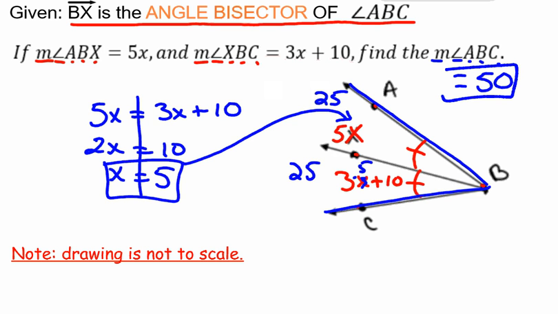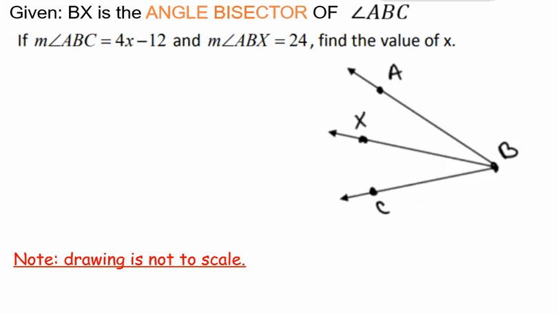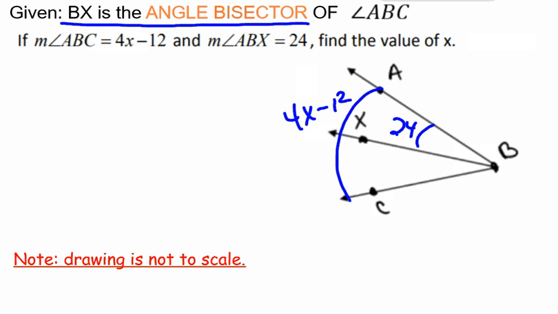If you're not sure where to start, think about solving for x, and then it should take you into your next step. If the measure of angle ABC, the whole thing, is 4x minus 12, and the measure of ABX is 24, and BX is the angle bisector, that means this angle and this angle are the same, which means this is also 24.